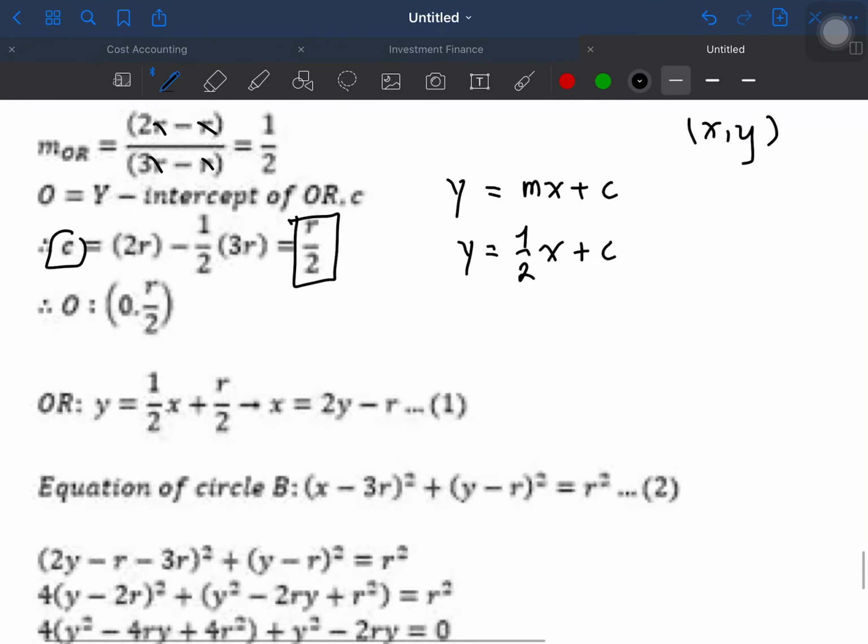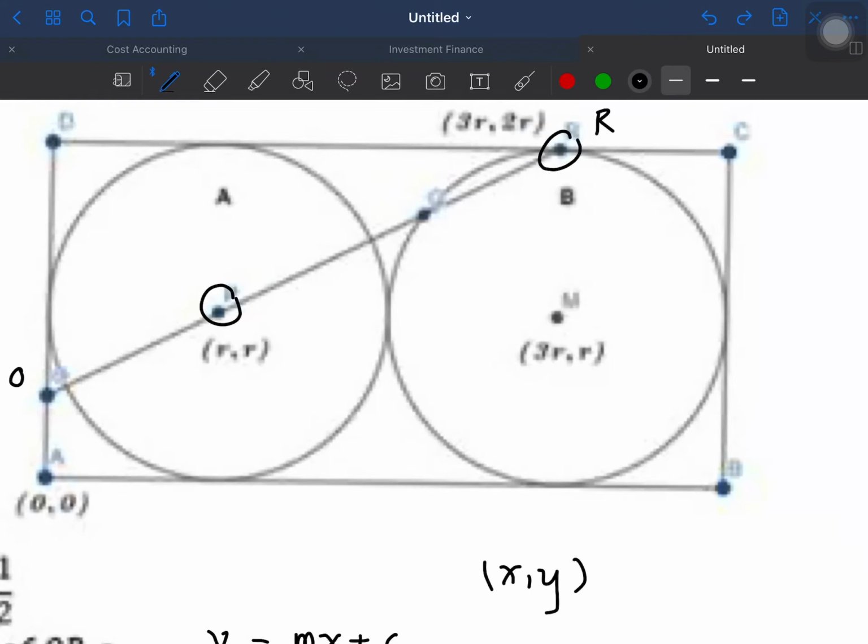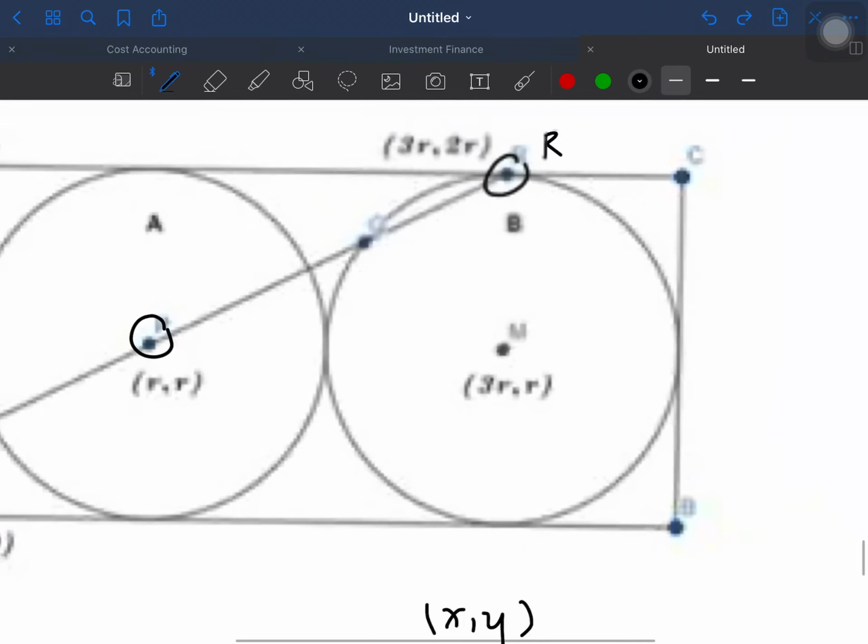And we're gonna derive the equation of the circle B, which is this circle. So the circle has a center of 3r comma r, and we know that any point on the circumference of B, like for example this one, we always have a constant distance to M. So the constant distance, which is the radius in this case, we have denoted the radius as r for each circle.